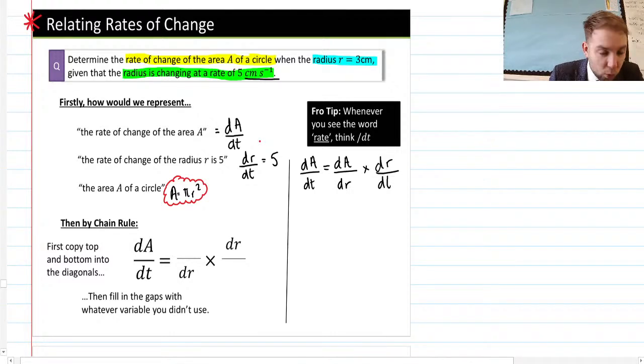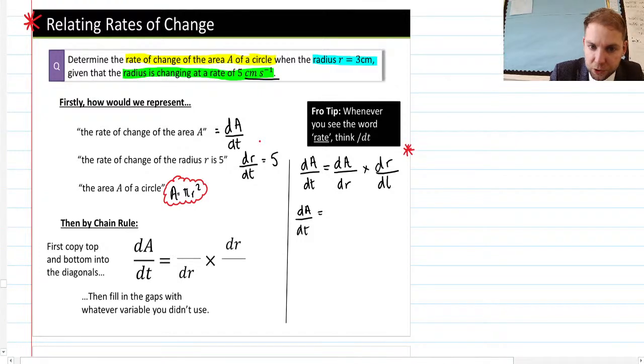So then all I need to do with this is, once you've got all of that and you understand what all of these parts mean, you just substitute it into this part here. That's all we're substituting into. So my rate of change of the area, dA by dt, is equal to the rate of change of the area in terms of the radius.